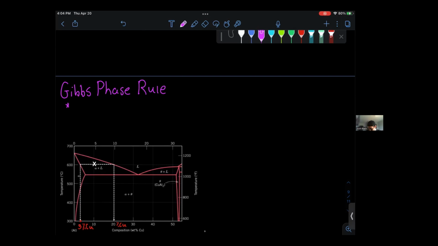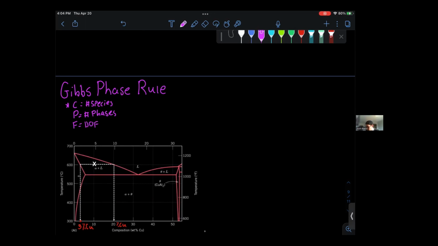Here, we're going to let C be equal to the number of species that we have. We're going to let P be equal to the number of phases. And we're going to let F be our degrees of freedom.